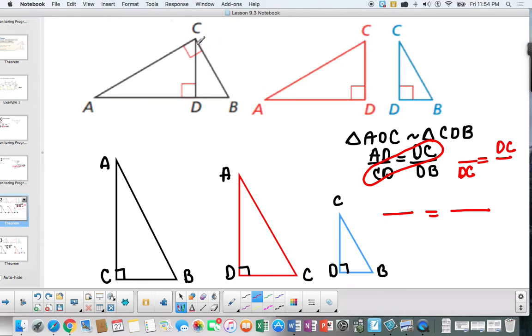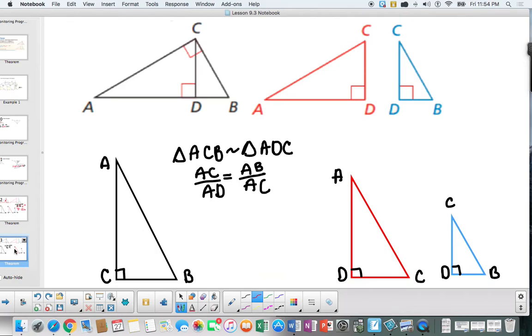And DC is this thing right here, which represents an altitude. So this is going to be an altitude, an altitude. AD is this, which is part of the hypotenuse of the original triangle, and DB is the other part of the hypotenuse. So there's a proportion happening here.